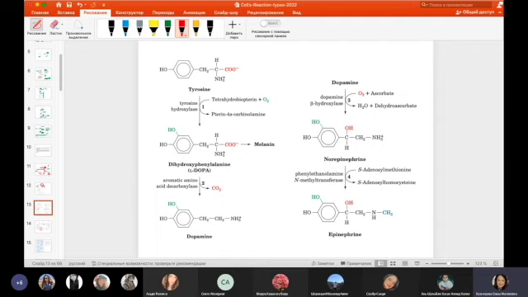Tyrosine is converted to DOPA. DOPA is an abbreviation, the full name is dihydroxyphenylalanine. Really, it is phenylalanine with 2 hydroxyl groups. The second hydroxyl group is incorporated into the structure of tyrosine in the same manner as in the previous slide.